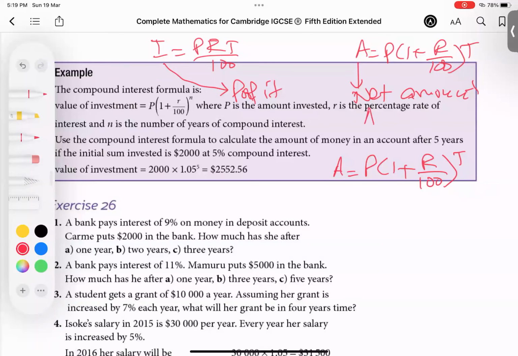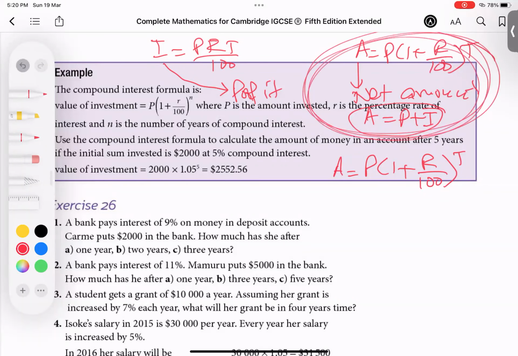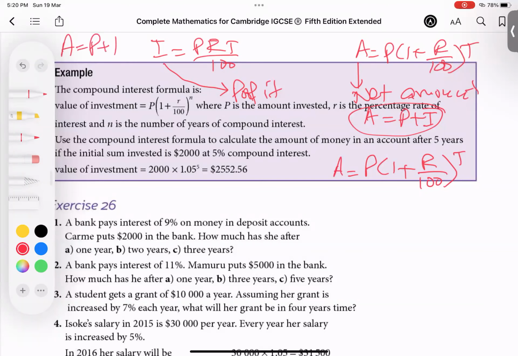In compound interest, you get A, the net amount, automatically by default. But in the simple interest formula, you have to find it manually. If the examiner asks you to find the net amount in compound interest, it will give you the direct answer without any extra working. But in the simple interest formula, we have to use A is equal to P plus I: the answer I get from here, I will add P again, then I get A. So make sure the simple interest formula gives you profit, never net amount, and the compound interest formula gives you net amount, never profit.